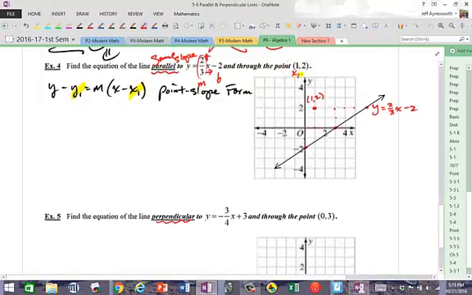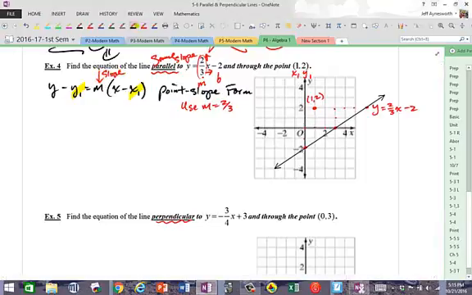So the x1 is 1, y1 is 2. And you want to take the slope of this line and substitute in here. We want to use the slope of 2/3 because we want it parallel. So we're going to use that. So right here is the slope.